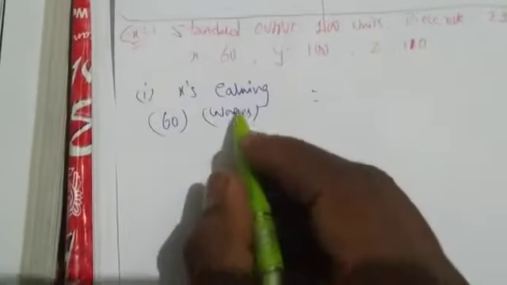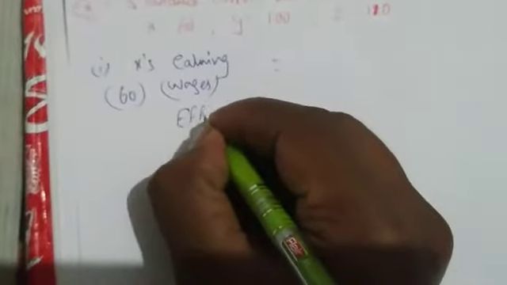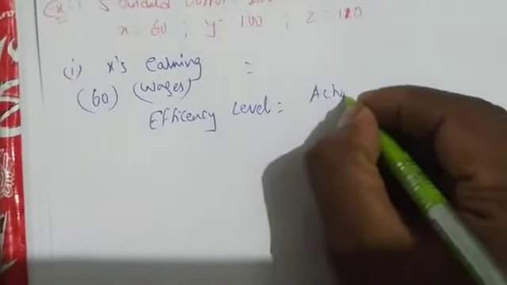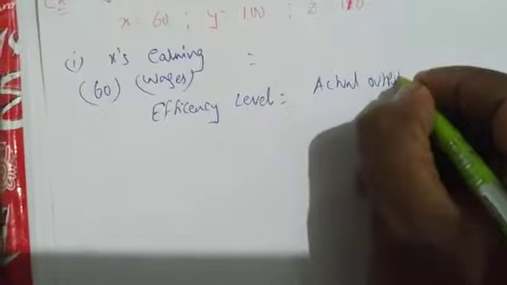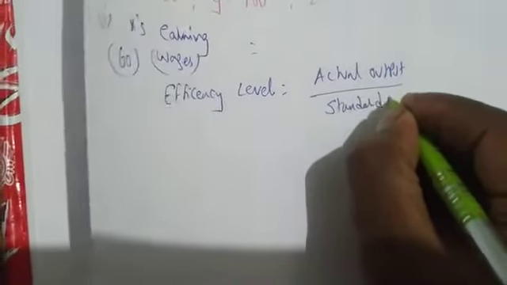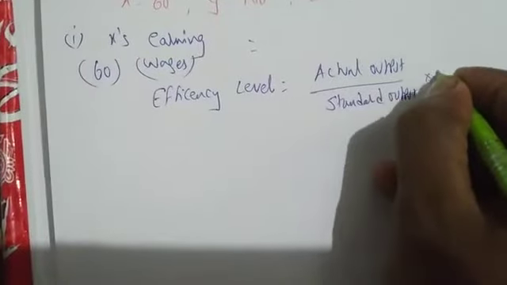So let us see X's efficiency level. First we are checking his efficiency level. How to find out? Actual output divided by standard output, same formula, into 100. Actual output is how much?